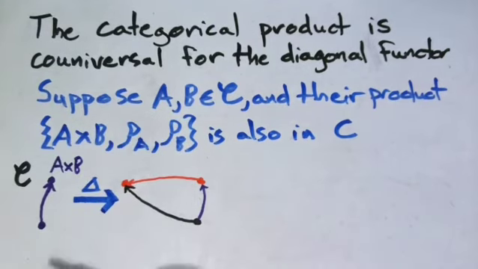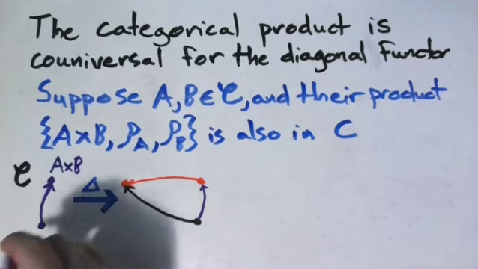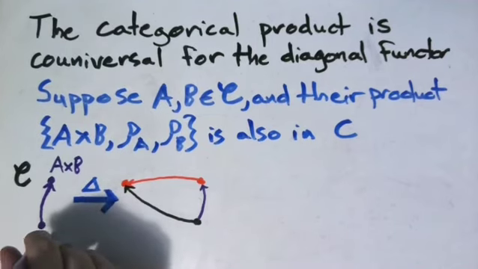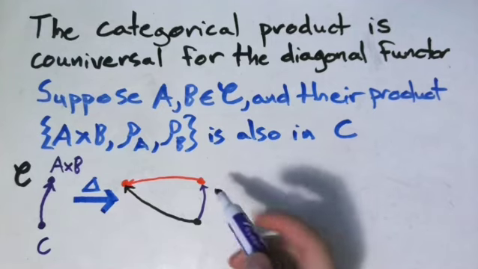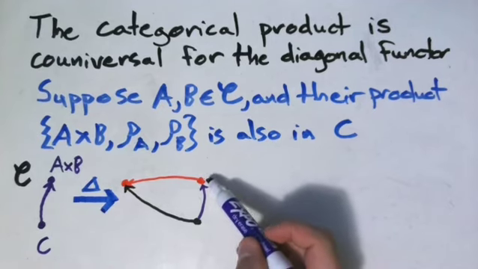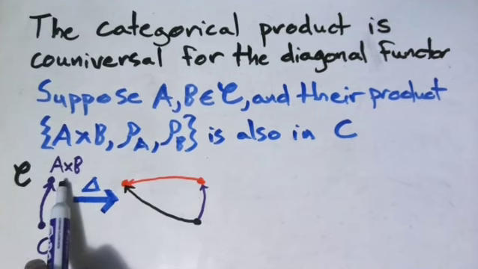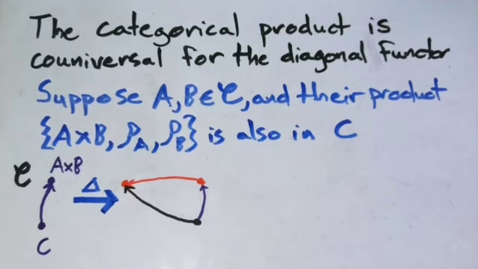And then we know that we need to be coming from any arbitrary object C in C. So we can label this as C. Well, that means that this here is the image of A cross B under delta. So what does that give us?